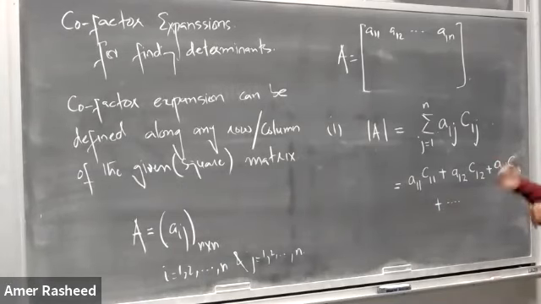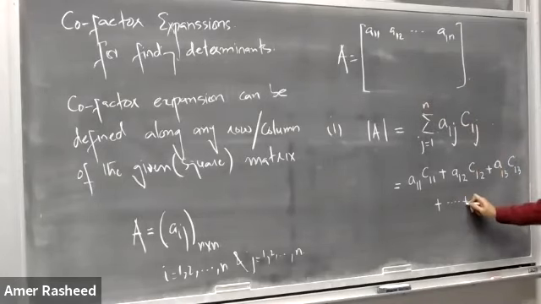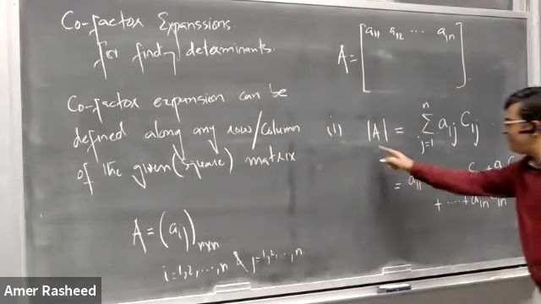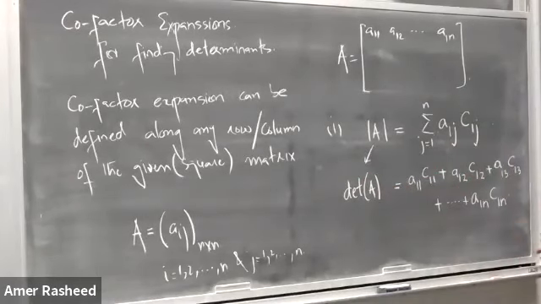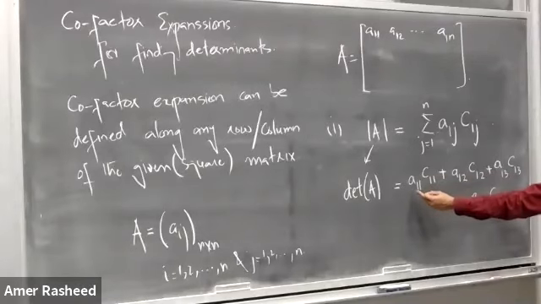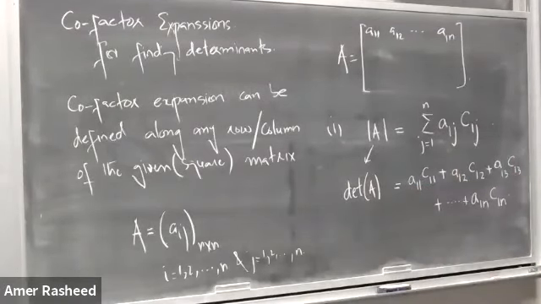We take all the values of j till n, and the last term is A1n C1n. Okay, this will give you the determinant of A. If we find the cofactors C11, C12, C13, and so on, C1n, and multiply these cofactors with the corresponding elements in A, we get the determinant of A. This is how we define the cofactor expansion along the first row.